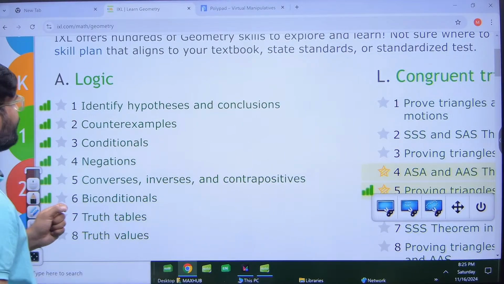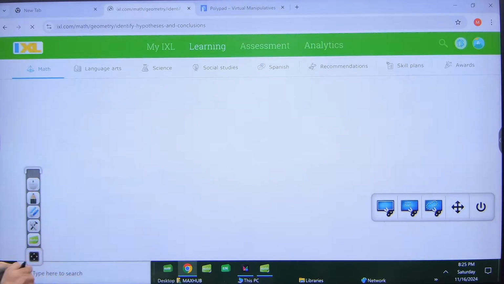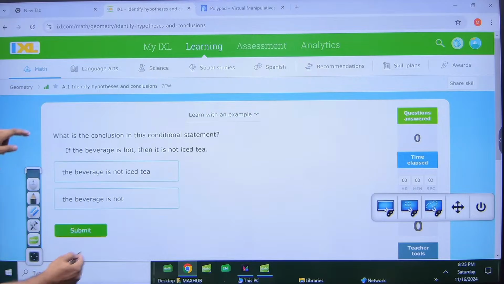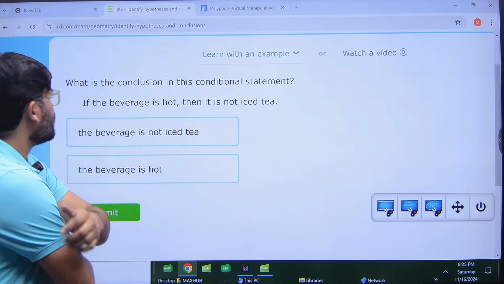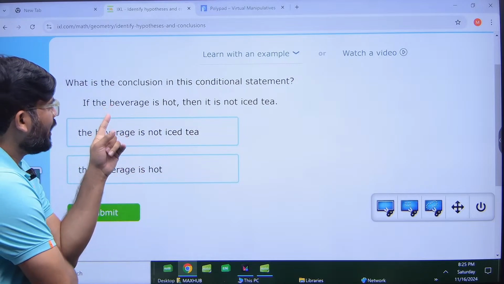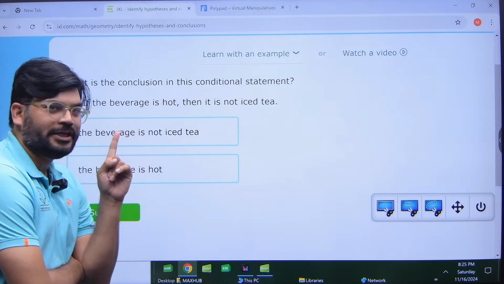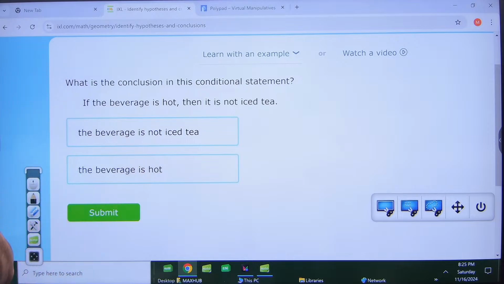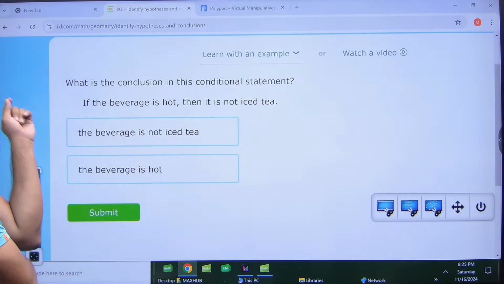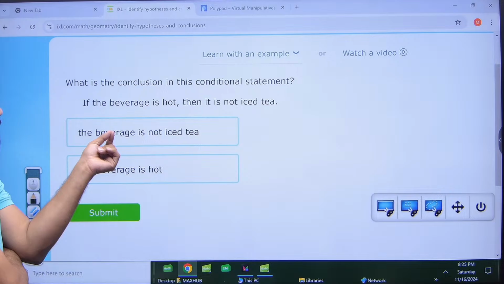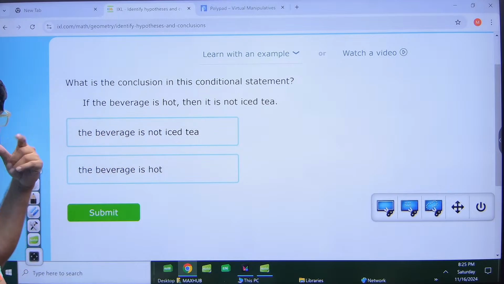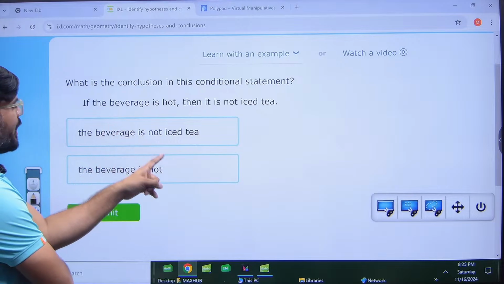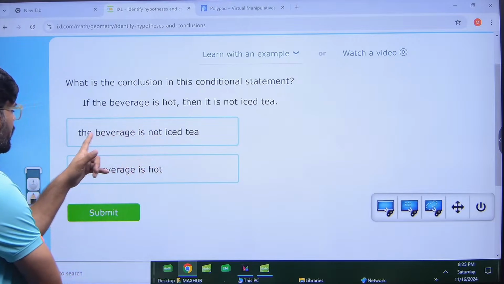Identify hypothesis and conclusion. See this. What is the conclusion in this conditional statement? If the beverage is hot, then it is not iced tea. Is the conclusion that the beverage is not iced tea, or that the beverage is hot?